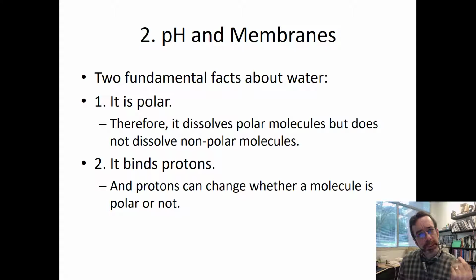It's a really small thing physically, but chemically it's very important. You've no doubt talked about what protons can do, and we've talked about it in some contexts in the previous recordings that I made. So now we're going to talk about how those proton binding events can really change how water works. So it's very important to keep track of where the protons are and what they are doing.